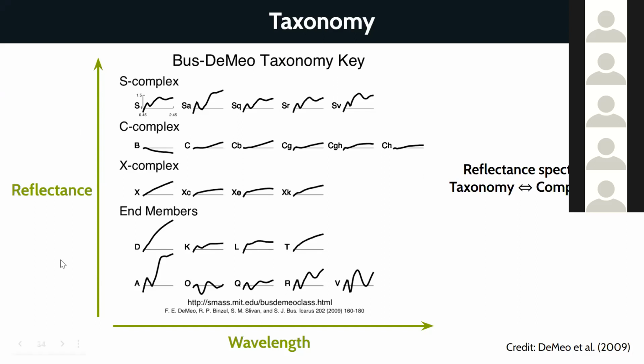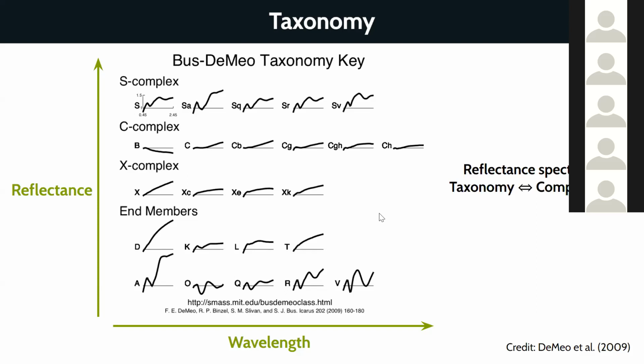This key chart shows the average reflectance spectra of each taxonomic type. And from this reflectance spectra and taxonomy, you can infer the composition. For example, the S-complex asteroids are more stony or silicate-based, and the C-complex asteroids are usually darker and more carbon-based.